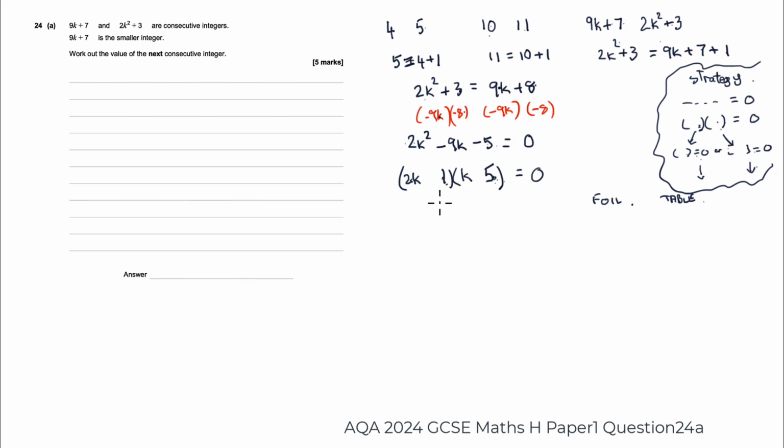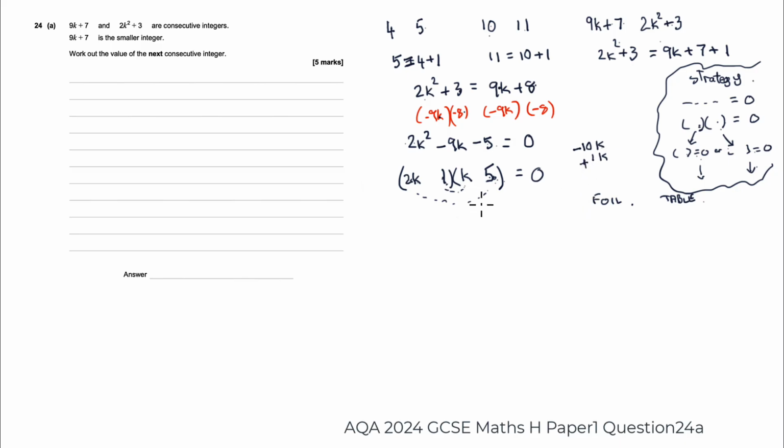Now the crucial bit is this outside product, 5 times 2k, that gives us 10k, and the inside product, 1 times k. And the question is, how from these two can we get the negative 9k? Well, we can do it by taking away 10k and then adding 1k.